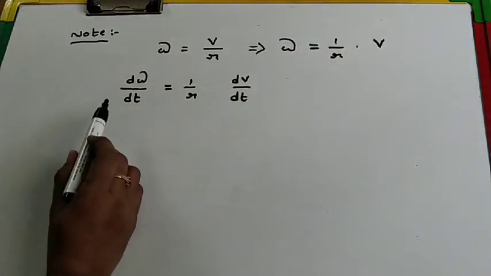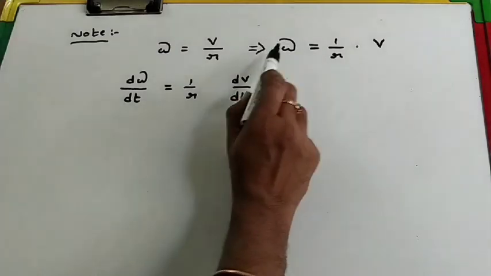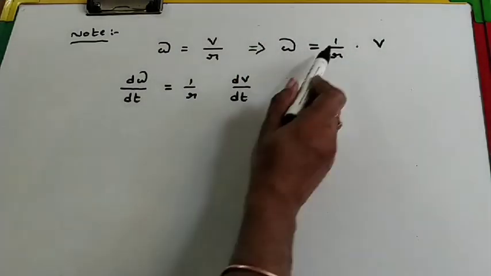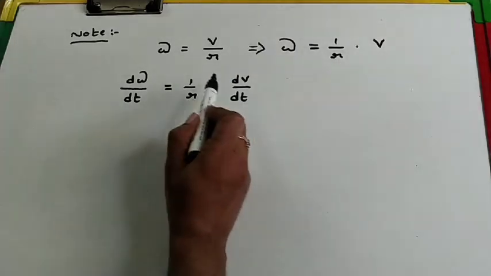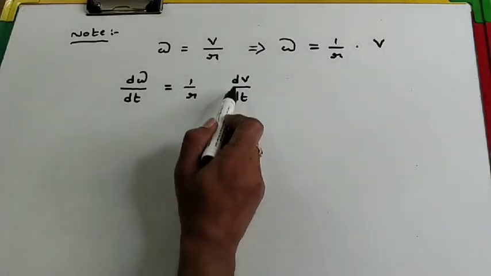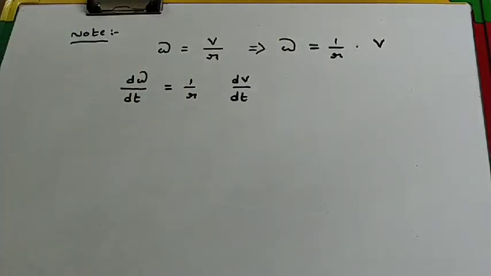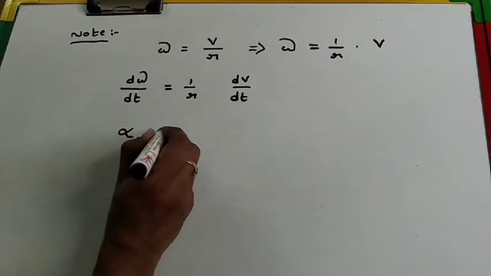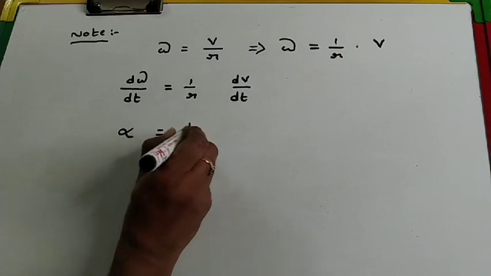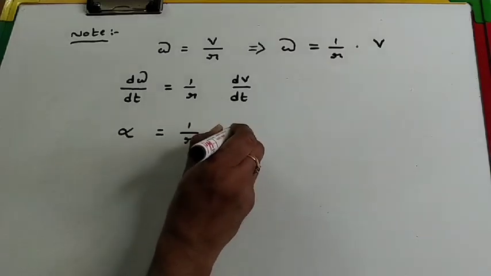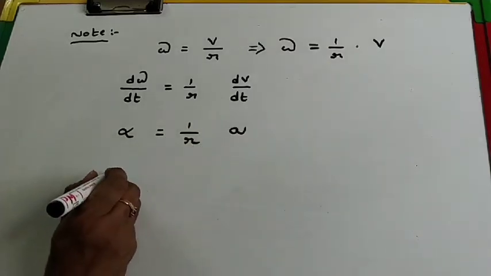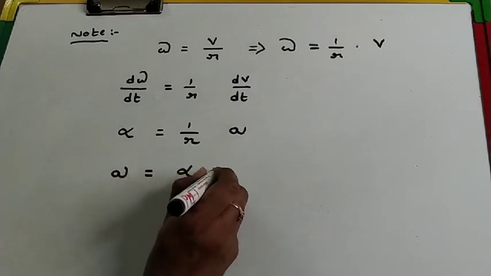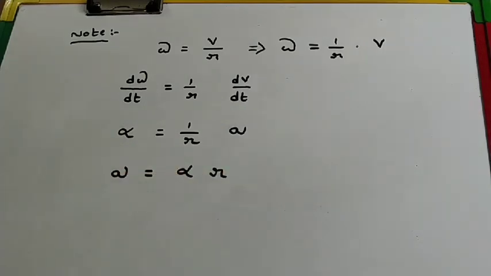We differentiate with d by dt on both sides. Therefore, d by dt of omega is equal to 1 by r into d by dt of v. What is d omega by dt? Alpha, that is angular acceleration, is equal to 1 by r into a. Therefore, a is equal to alpha into r. This is an important point.